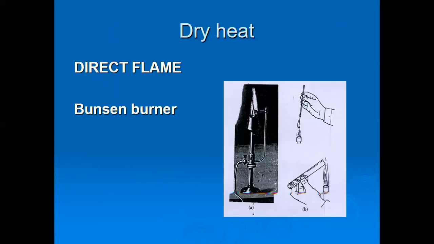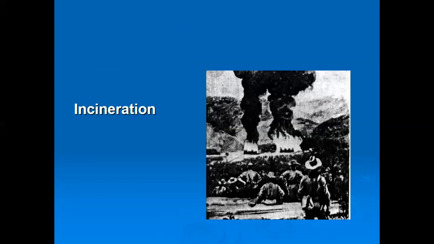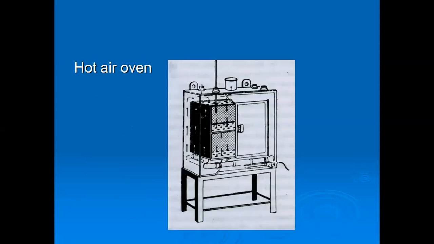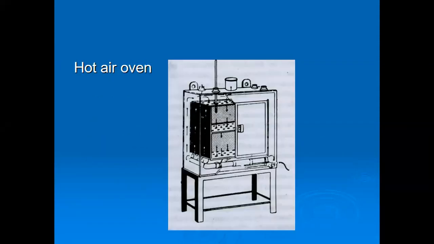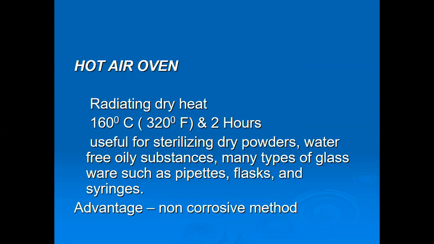Physical control with heat. Dry heat: you have got direct flame, Bunsen burner. Incineration is something where you burn them and then you just cover it with mud or somewhere, all the shafts and all. Then you have a hot air oven, radiating dry heat at 160 degrees for 2 hours.